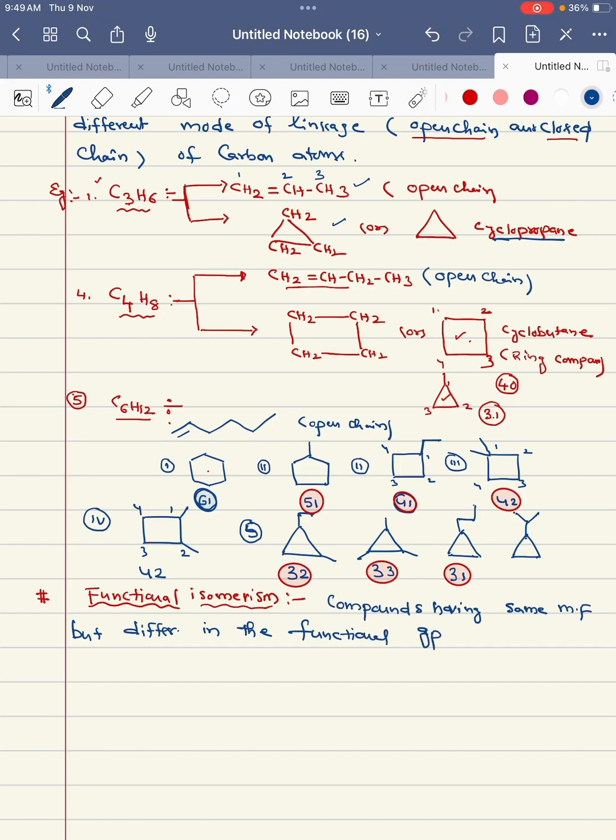Compounds differing in the functional group are called functional isomers, and the phenomenon is known as functional isomerism.